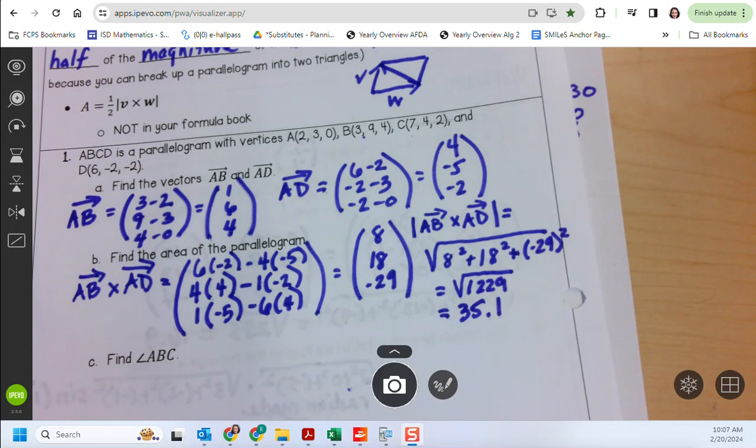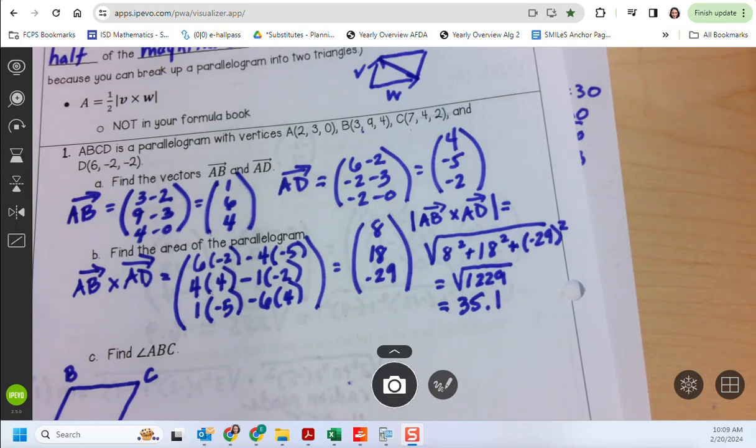Okay, so I'm getting 35.1 square units. And I'm going to pause there for a minute because I can see some people are still catching up. Make sure that you are taking notes, that you're getting this.